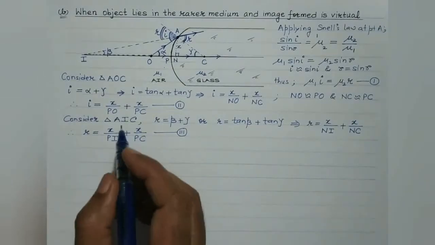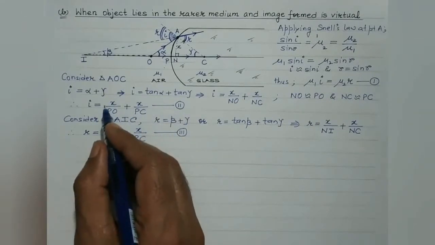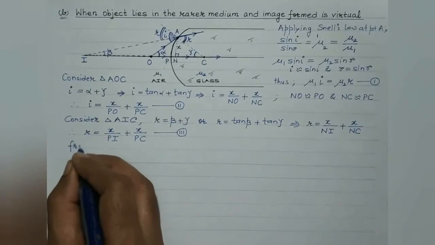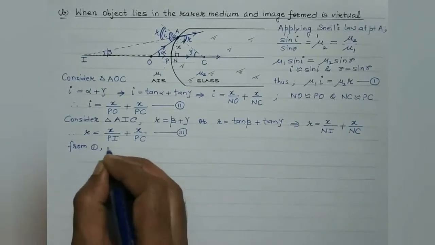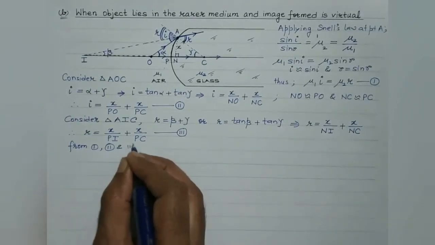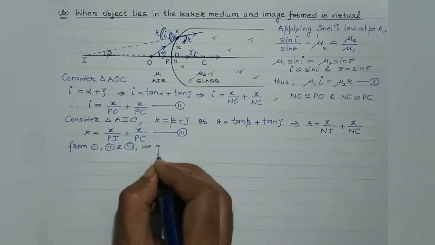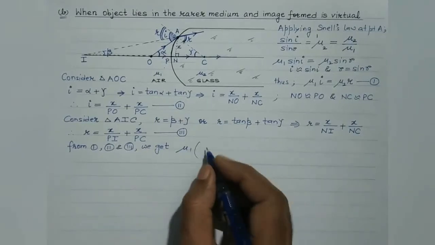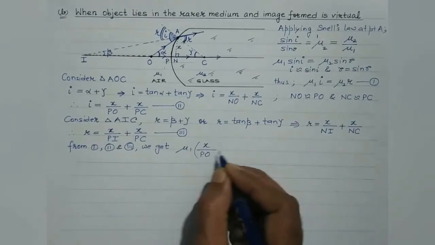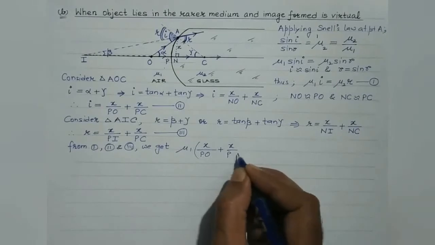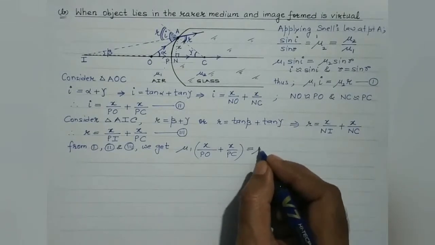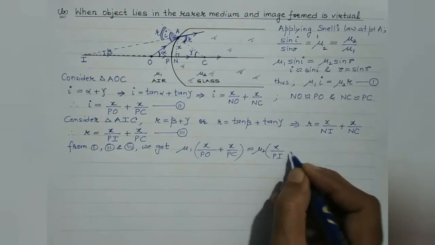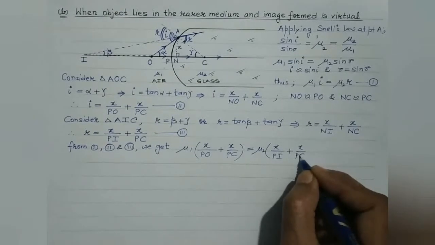Now as usual, what we will do is substitute the values of i and r from 2 and 3 in equation 1. So from first, second and third we get, mu1 i, which is x over PO plus x over PC, is equal to mu2 r, which is x over PI plus x over PC.